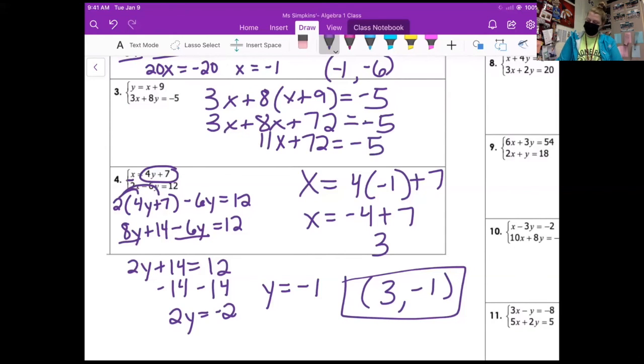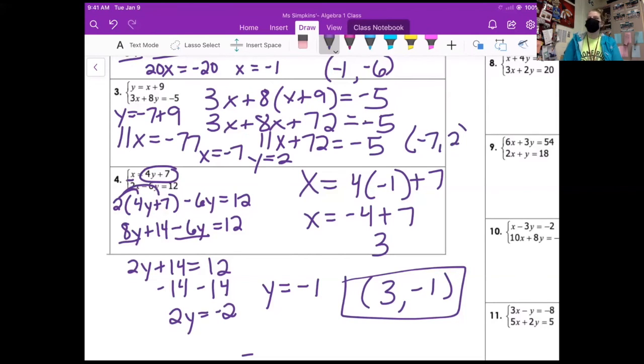And a lot of you messed this up too. -5 minus 72 is -77. And x would equal -7. And to get our y value, we substitute it back in there by adding 9 to get y equals 2. So your coordinate was -7, +2. And again, I didn't ask you to graph it, but if you did, that's where the two lines would cross each other at -7, +2.